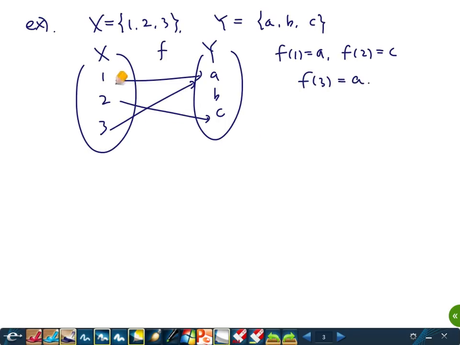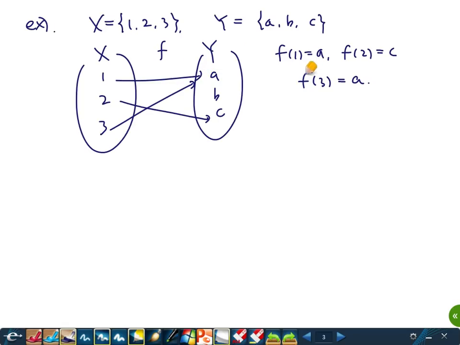So to every element in x, we assign one element. To 1, we assign a. To 2, we assign c. To 3, we assign a. So that's one way of assigning elements there.